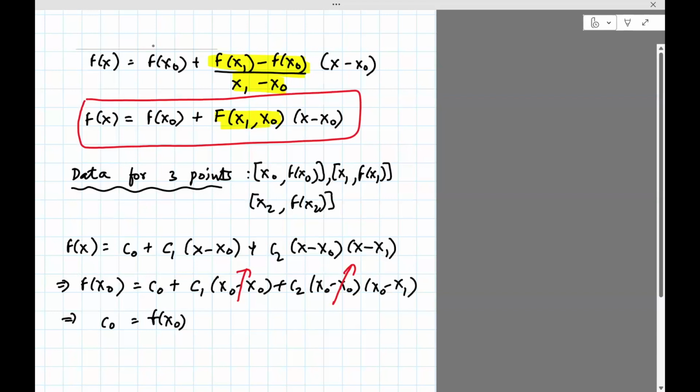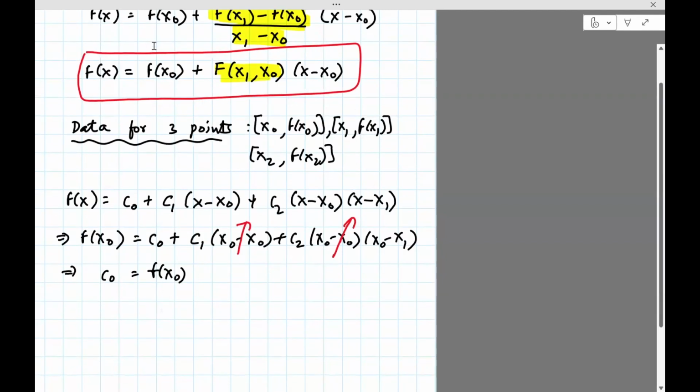It turns out that it's the same value we had obtained earlier for 2 points. It doesn't change. You can check it with the previous answer. Next, we'll put x equals x1. We have c0 plus c1 times x1 minus x0 plus c2 times x1 minus x0, x1 minus x1.